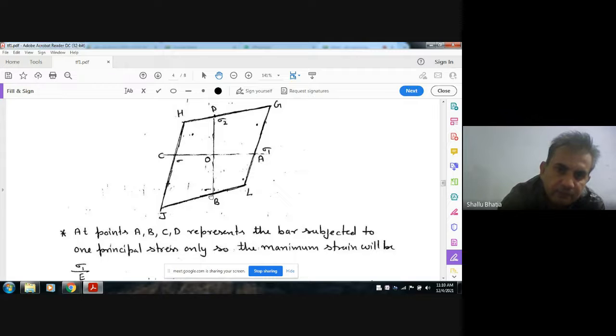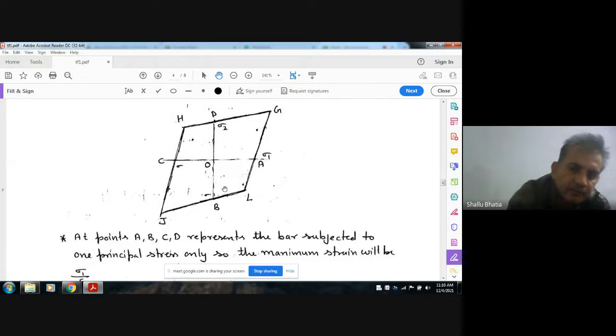Here sigma 1 is decreasing the length and sigma 2 is increasing the length. In these, both are opposite in sign.